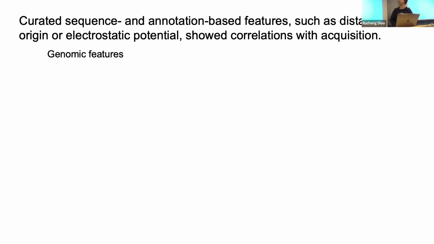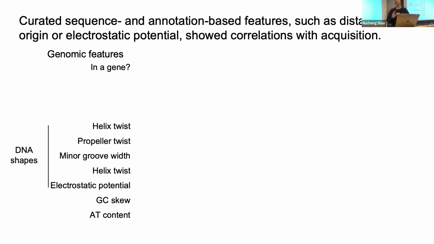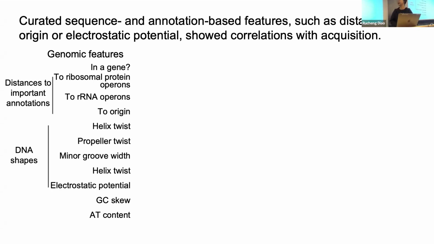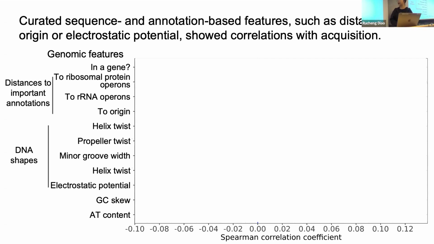The first thing we did is curate a list of genomic features, including whether a genomic site is in a gene or not, its local GC, or AT, content, what the predicted DNA shape is around it, and what its distance is to important genomic features such as the origin of replication, etc. And we calculate the Spearman correlation of such features with the spacer tracks that we just saw.